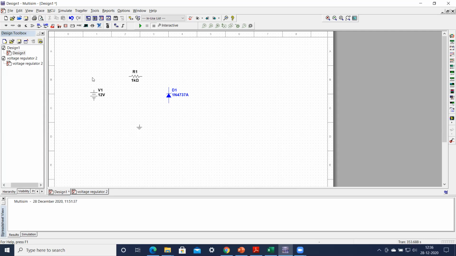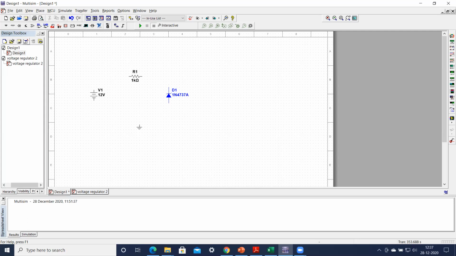Another case is that our source is constant but our load is variable. A third case is also possible, in which both the load and the source are variable. But to conduct this experiment we are taking the case in which our input power supply is constant and our load is variable. To have that case, we need to bring one resistor which is a variable one.